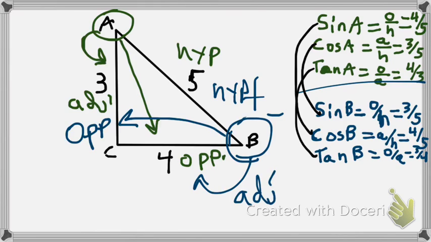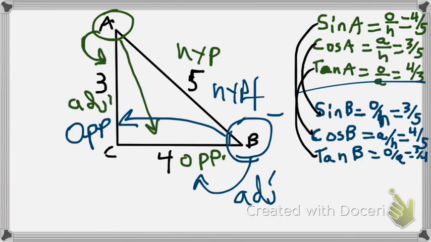Because if there is a 90 degree angle and a 30 degree angle, we know that triangles always have to add up to 180, so the other one has to be 60 degrees. So whenever there's a right triangle and we have an angle like A there, we always are going to have an angle like B there.